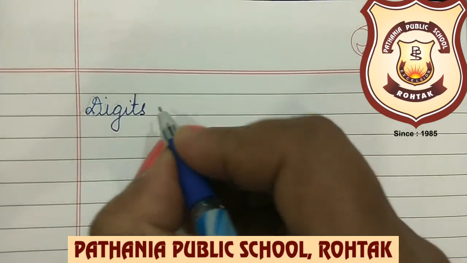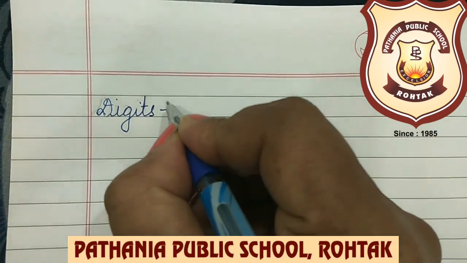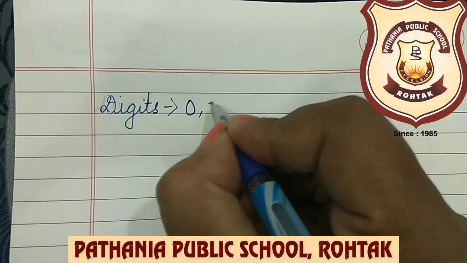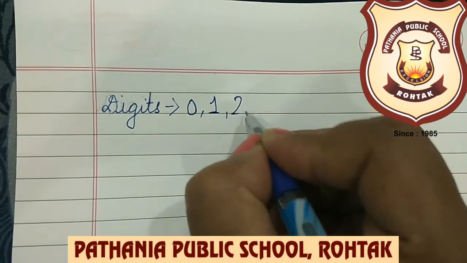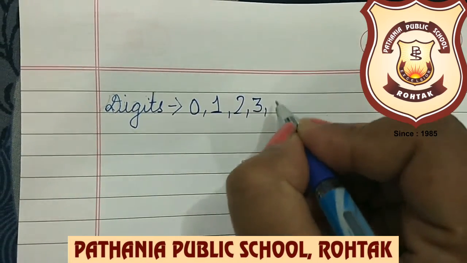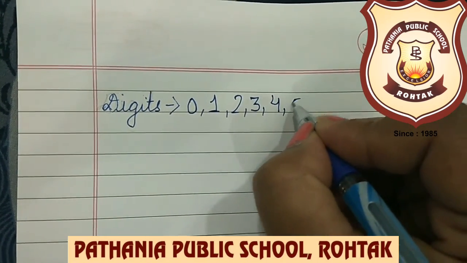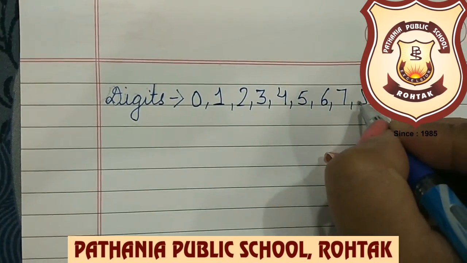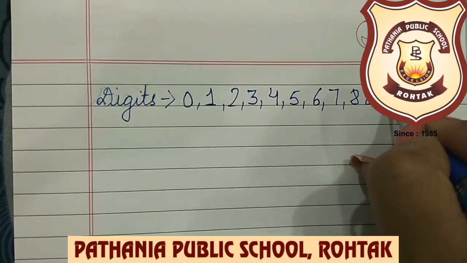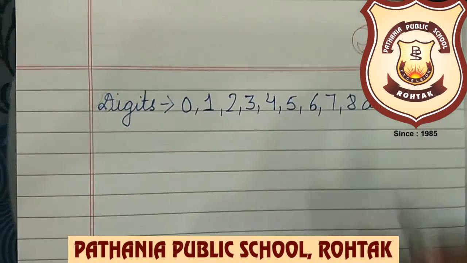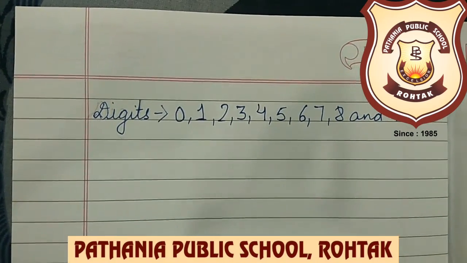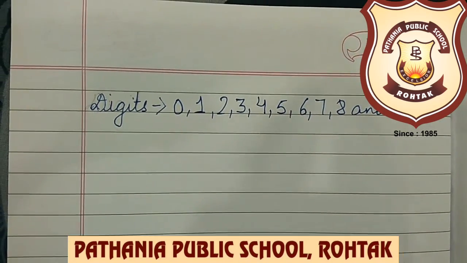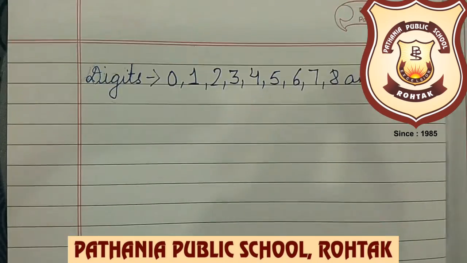Kids, as you know, we have total 10 digits in mathematics, and these are 0, 1, 2, 3, 4, 5, 6, 7, 8 and 9. So before going to the odd and even numbers, I want to introduce odd and even digits in front of you.